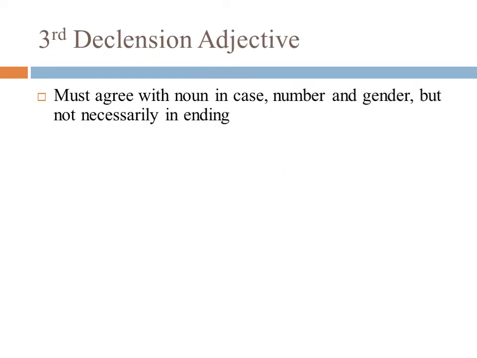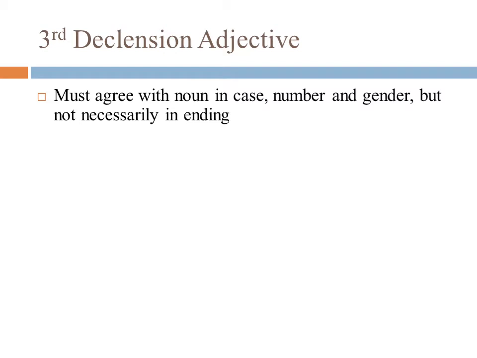Third declension adjectives, like all adjectives, must agree in case, number, and gender, but obviously they no longer are going to agree with endings, right? We have first and second declensions. If we have a third declension adjective, there's no way it can have the same endings as a first and second declension.